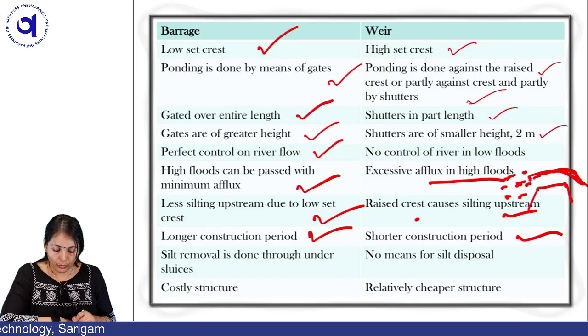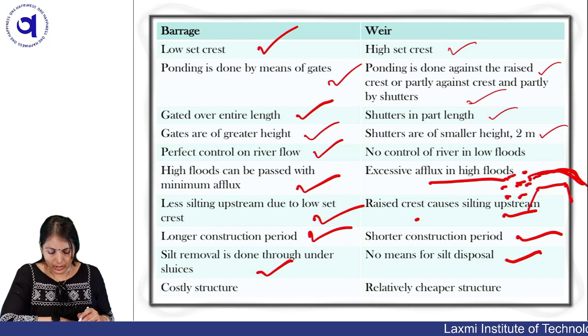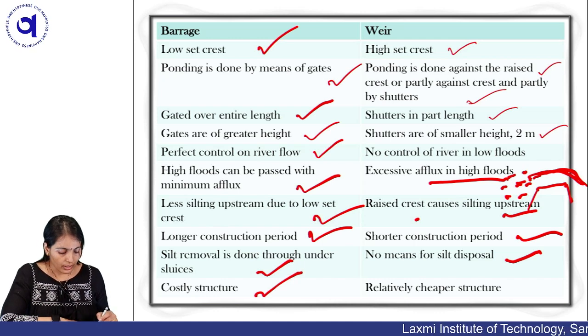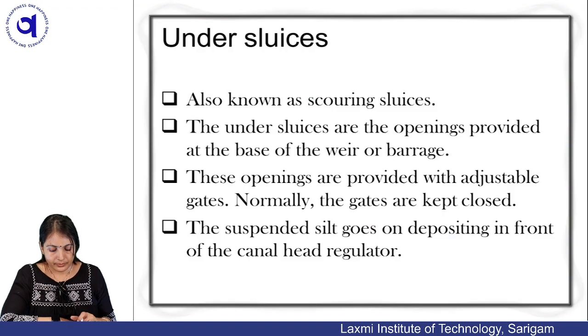Silt removal is done through under sluices, which we have seen in the component parts. In the weir there is no means of silt disposal; we can't do silt disposal here. Barrages are costly structures, while a weir is a relatively cheaper structure compared to a barrage.